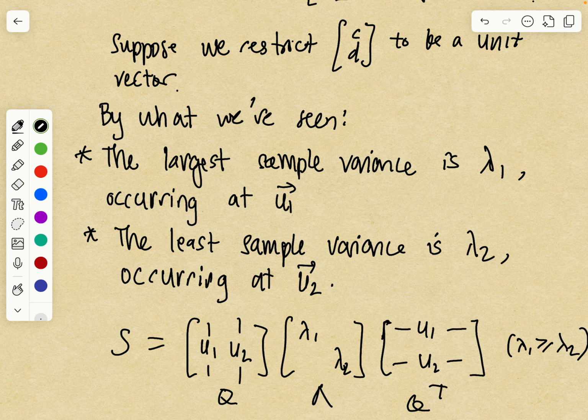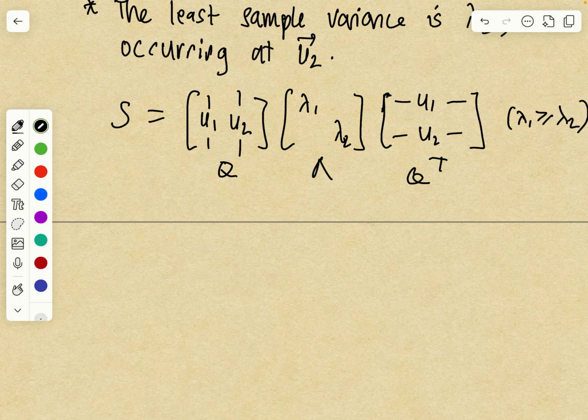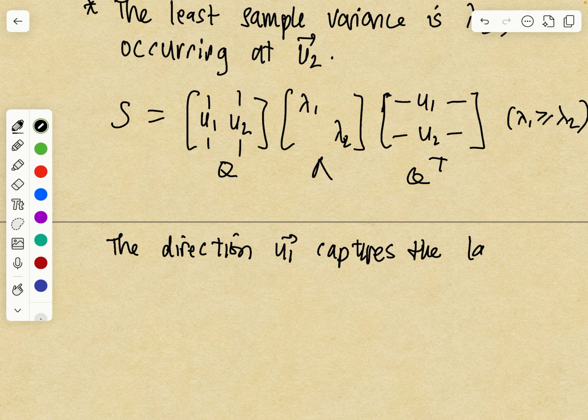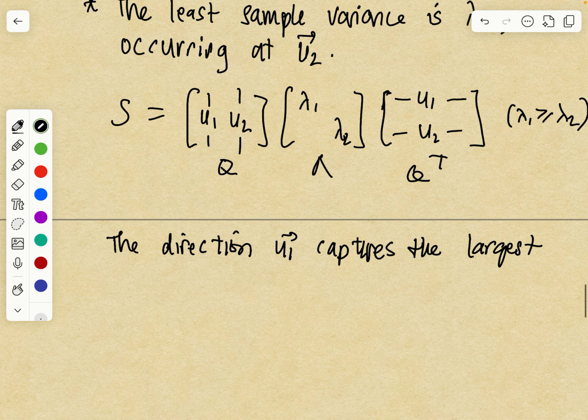The vector CD needs to be a unit vector. And so intuitively, the direction U1 captures the largest amount of variance in the data.